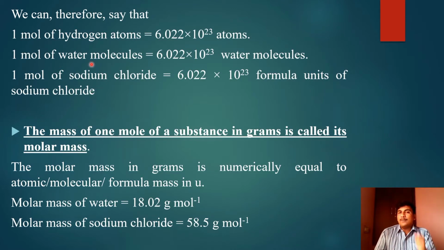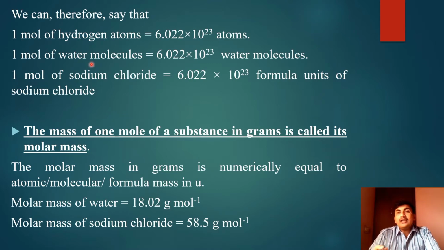So 1 mole is equal to 6.022 into 10 to the power of 23 particles, that is the Avogadro number. This is about the mole concept. The amount of substance is expressed in the SI unit, that is mole.